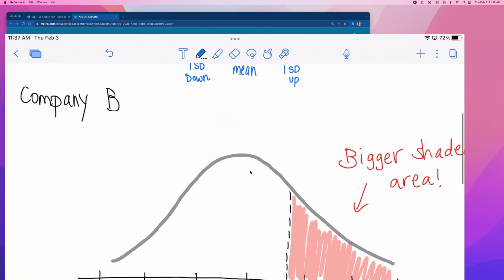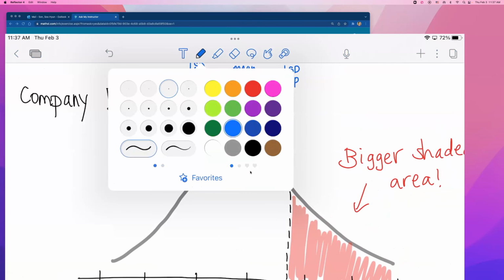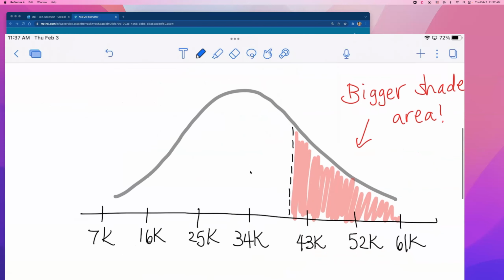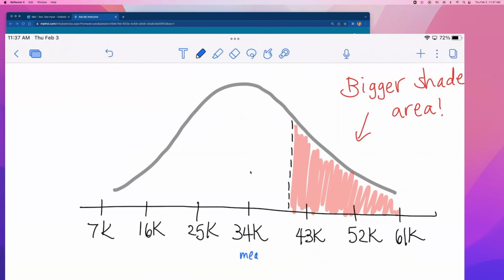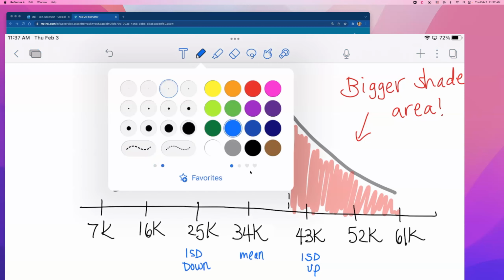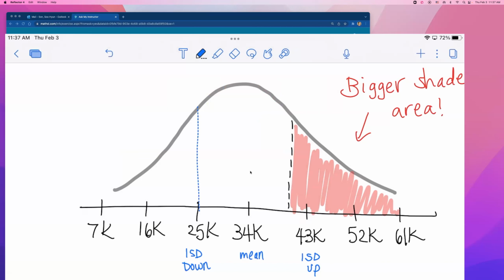But what about this? Let's see. In the second company, this is the mean, right? This point right there is one standard deviation up. This point right there is one standard deviation down. So if I mark those intervals, that usual interval, look at that. And I'm going to color this.